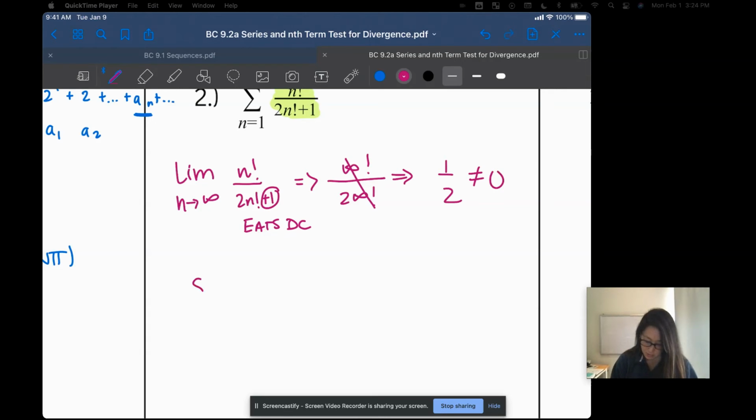So the series, the sum from n equals 1 to infinity of n factorial over 2 times n factorial plus 1, diverges by the nth term test.